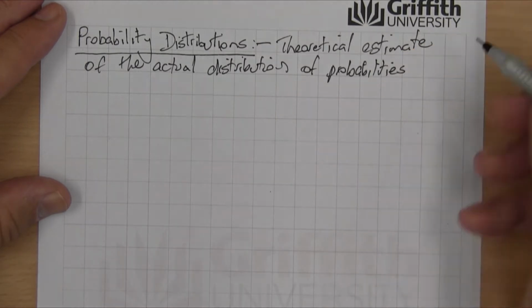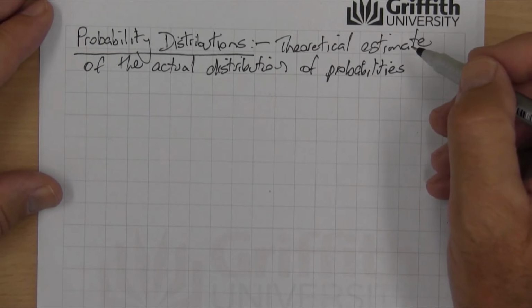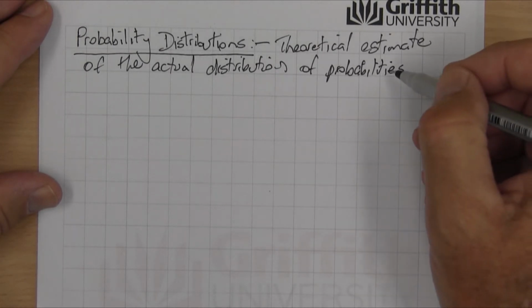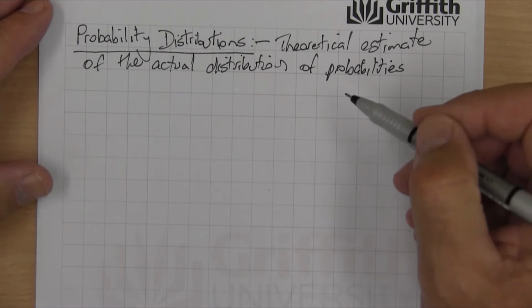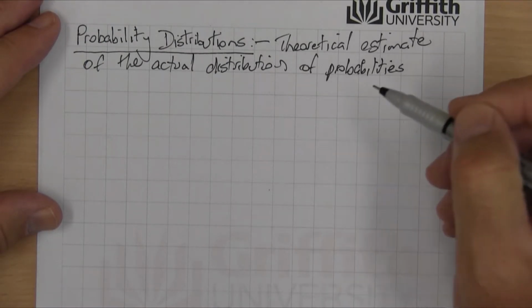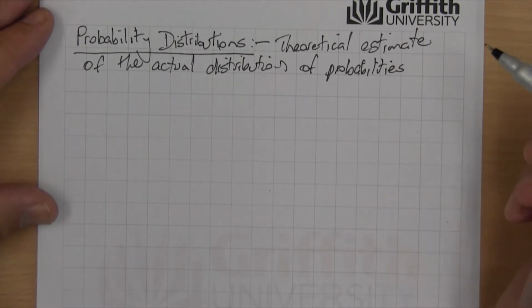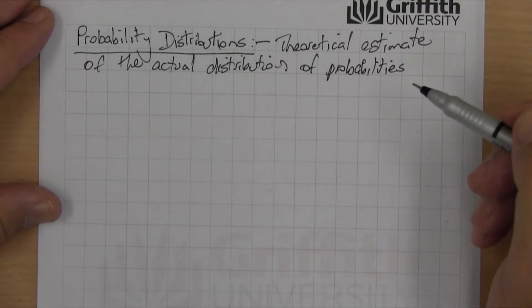Given that in any situation we could have a number of different outcomes, the probability distribution is to calculate the probability of each of those outcomes occurring and give it as a set.